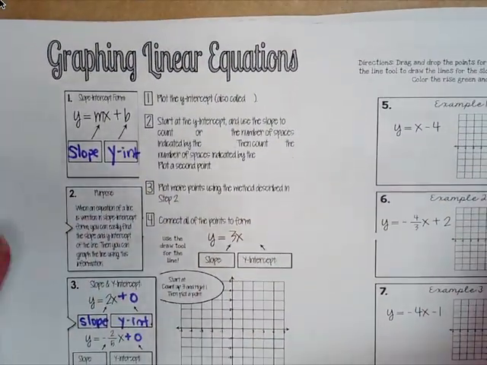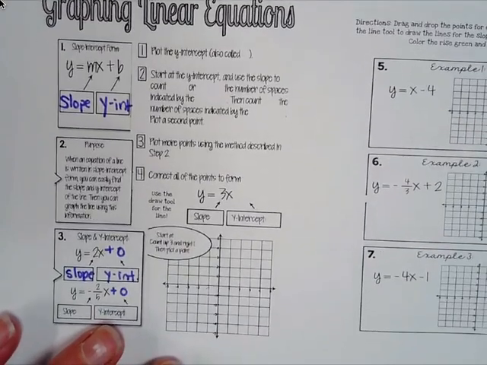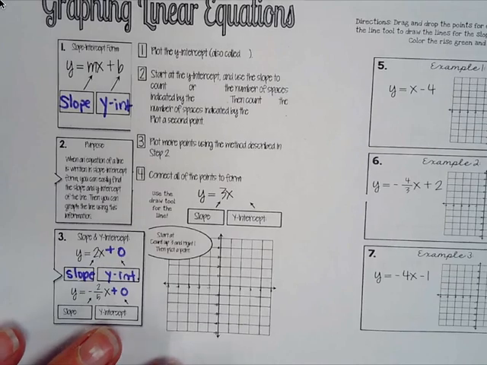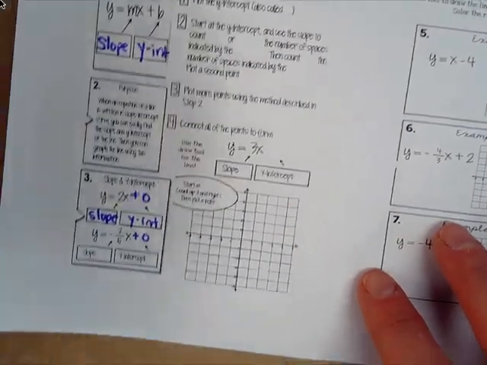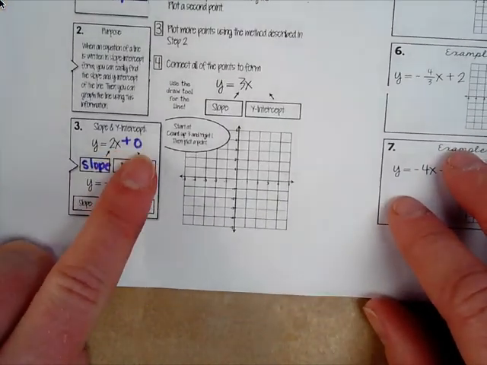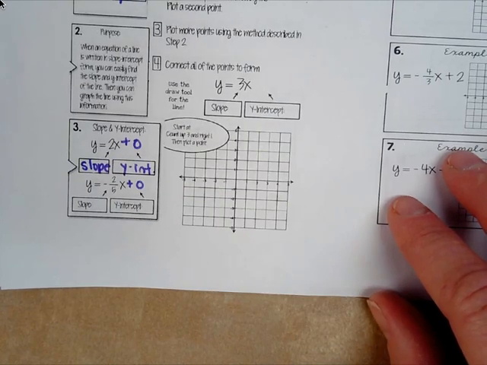Whenever it's written in slope-intercept form, you can easily plot your y-intercept and slope and make a graph from that information. If there is no plus b, then your y-intercept is 0, so that means you start at the origin.